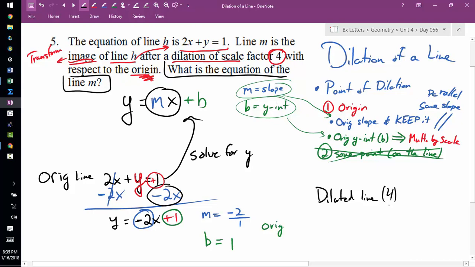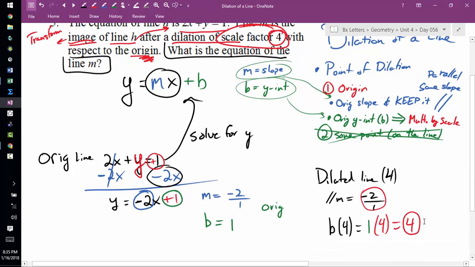scale factor 4, it's going to have a parallel slope. So its slope is going to stay the same. But the y-intercept is going to get multiplied by 4. So we have our old y-intercept of 1, and that's going to get multiplied by our scale factor, 4, and our new y-intercept is going to be 4. So we're going to have a slope of negative 2 and a y-intercept of 4.